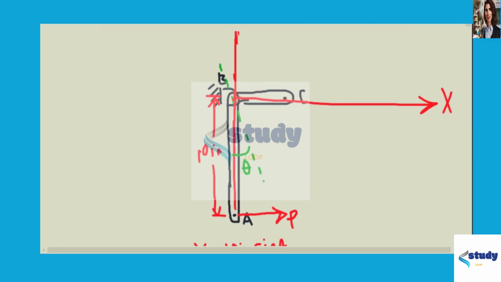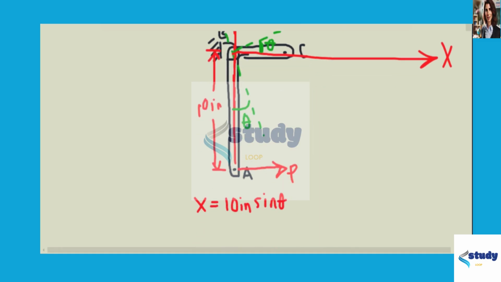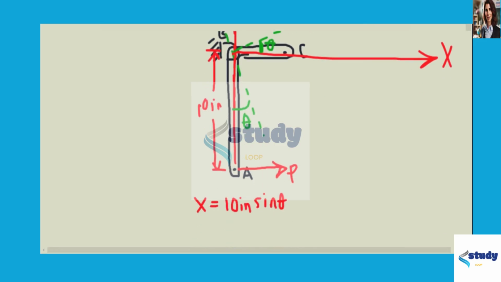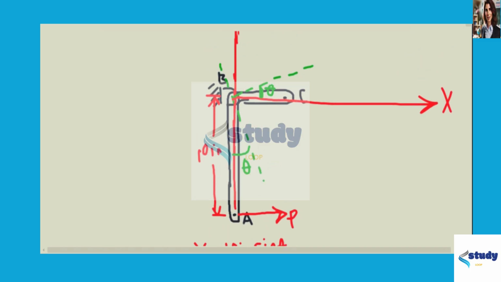All right, now, if that moves by an angle theta, then the upper bar is attached to it. So this is also going to give us an angle theta right here. And so the Y displacement, X was positive, right?